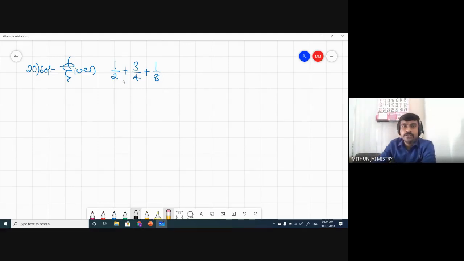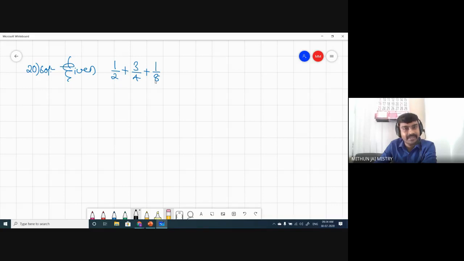You can observe that these are not like fractions. Everybody has different denominators: one is 2, one is 4, and the other one is 8. Even though they are not like fractions, they are equivalent fractions. That means 2 2s are 4 and 2 4s are 8.